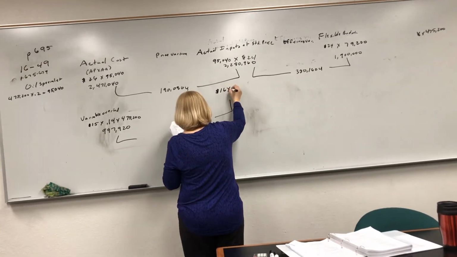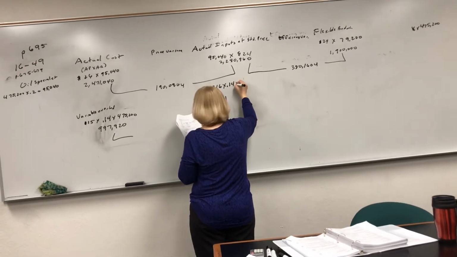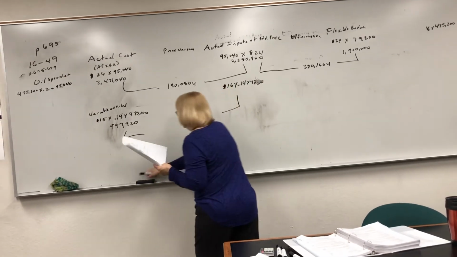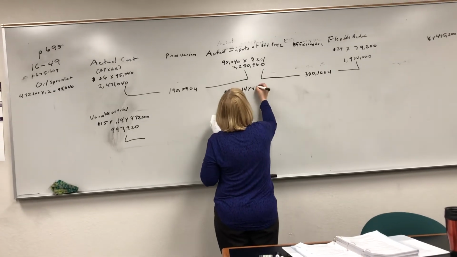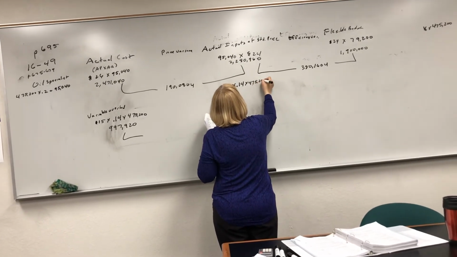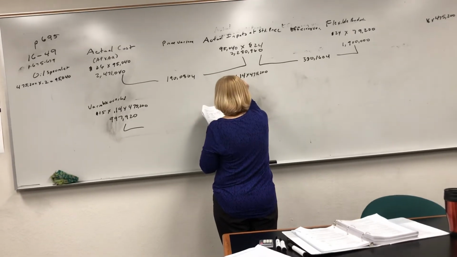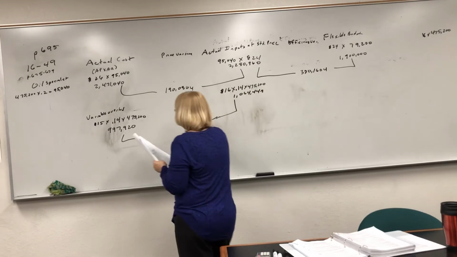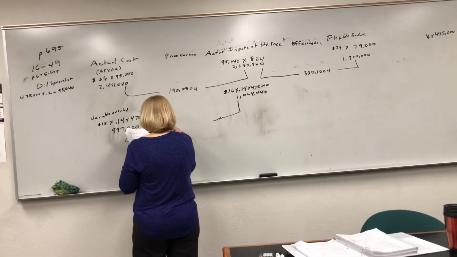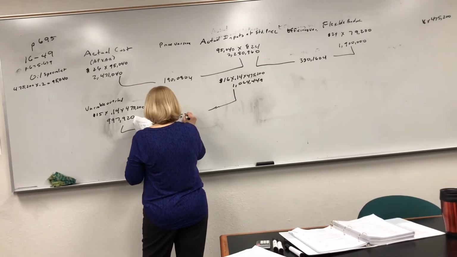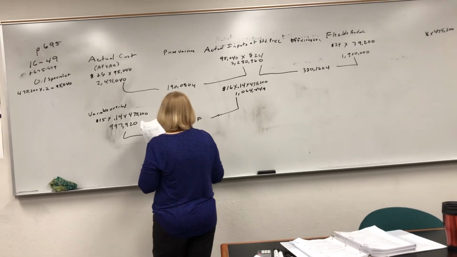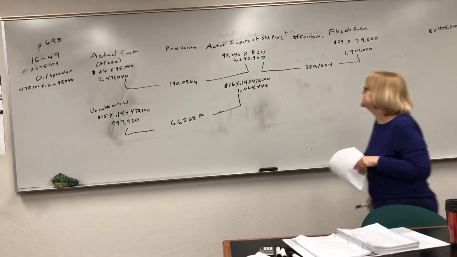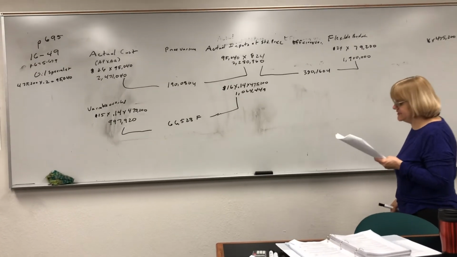And our actual inputs were 0.14 times the 475,200, which gives us 1,064,448. So we have 66,528 favorable variance there because our actual was less than our actual inputs at standard price. So our price variance is favorable.